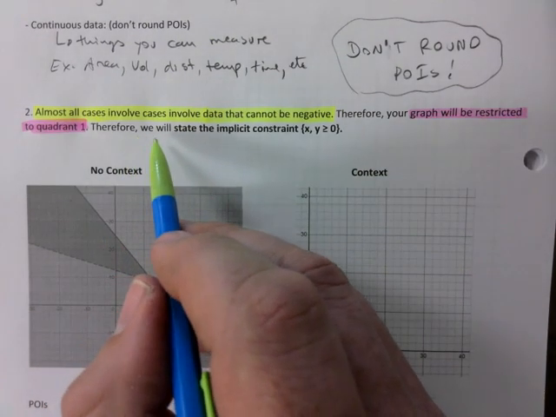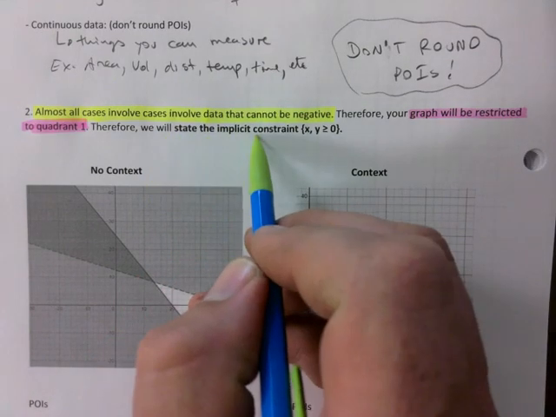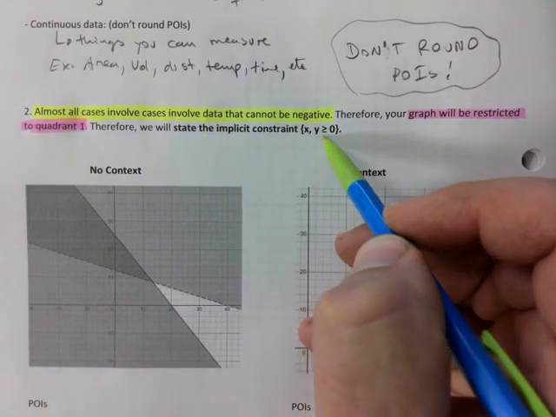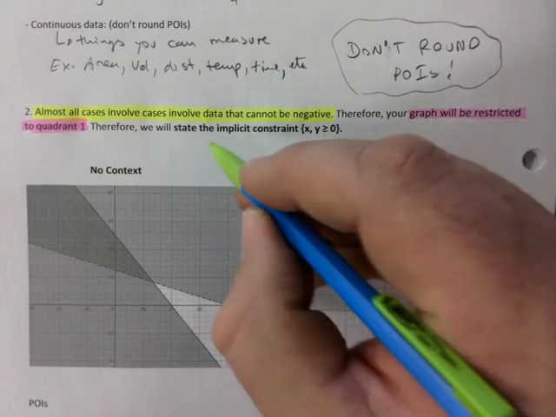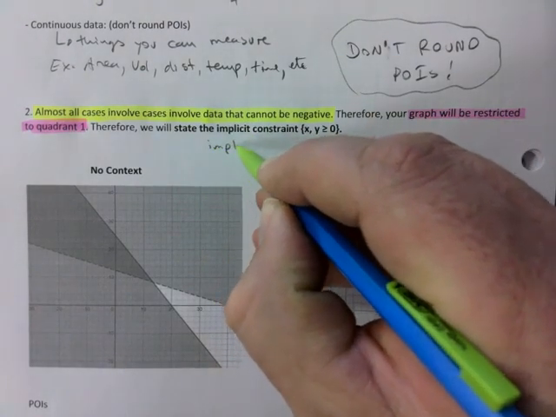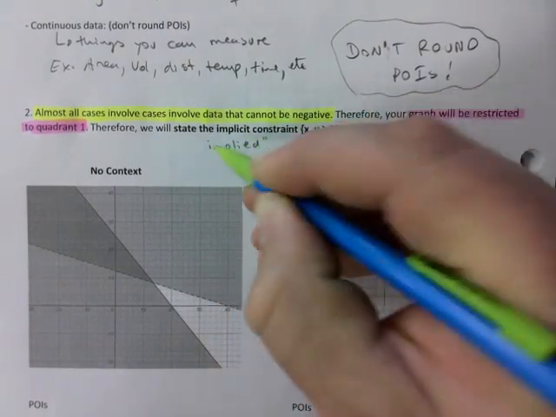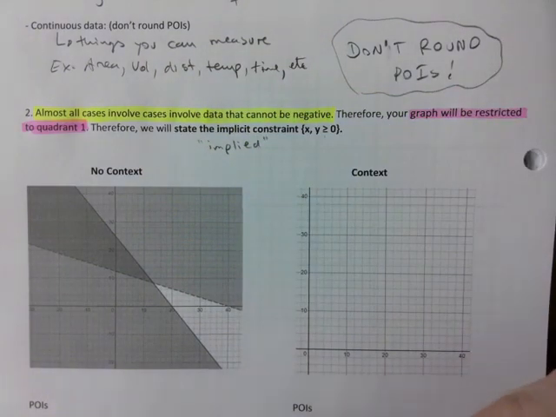And therefore, we will state the implicit constraint. Implicit, think of it as implied. We're just assuming that that's the case.